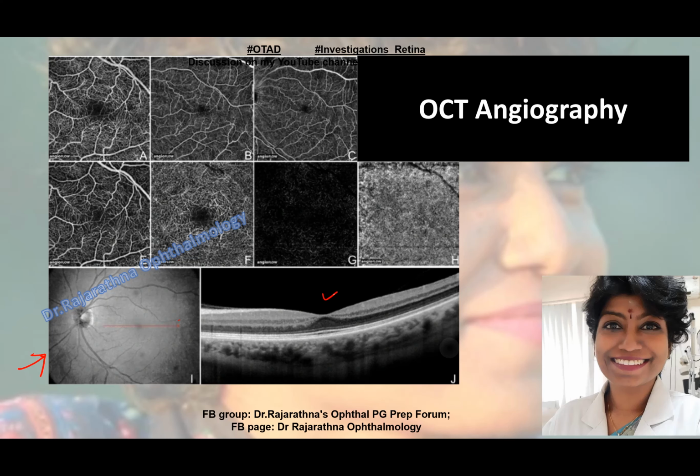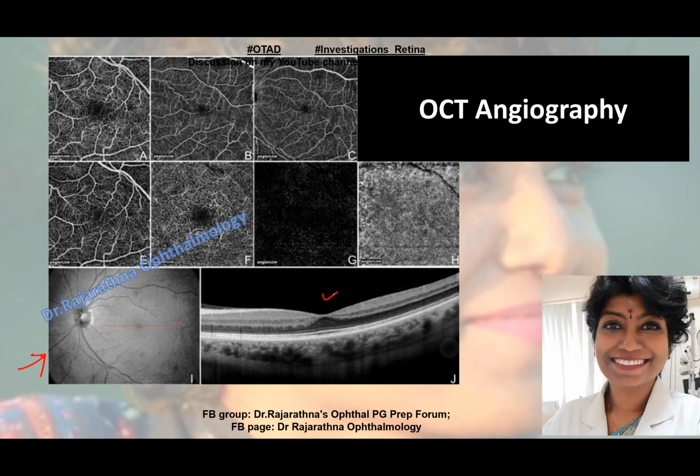Okay, so along that area we are also going to see the retinal vessels. So the retinal vessels will be visualized along 3 areas. Okay, so A, B and C. So A is a smaller area, B is a little wider, and C is the widest area that we are going to see.